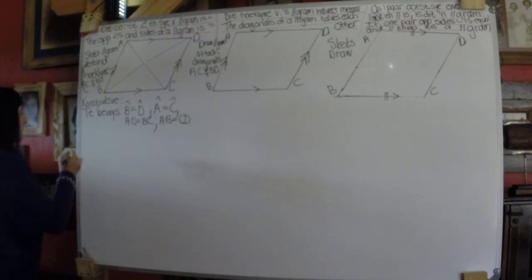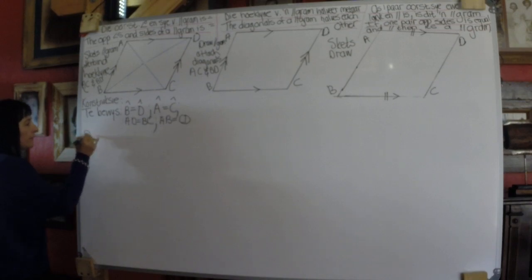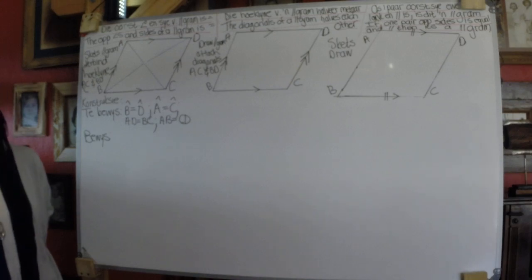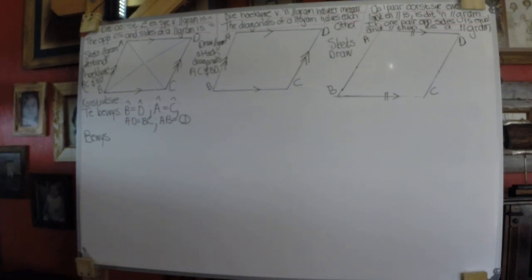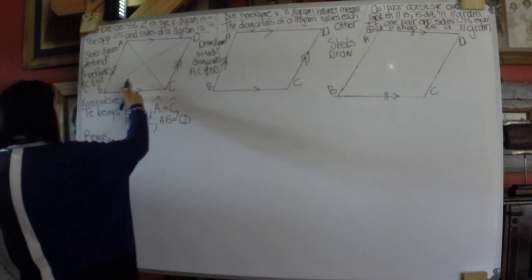Now we're going to write out the proof, die bewys. Nou, in jou bewys gaan ons kyk na 2 driehoeke. Ons gaan kyk na driehoek ABC, hierdie driehoek.